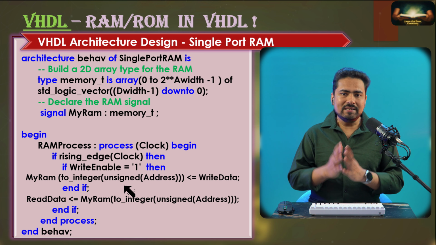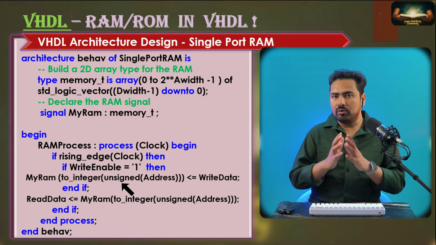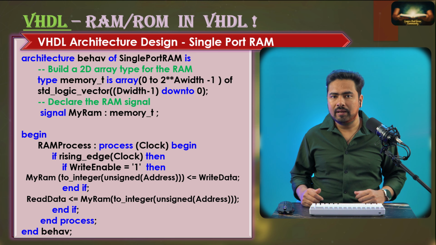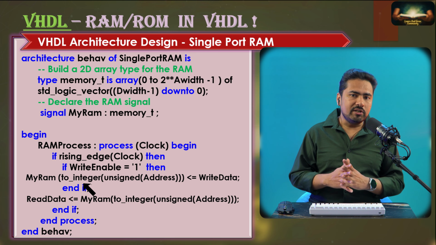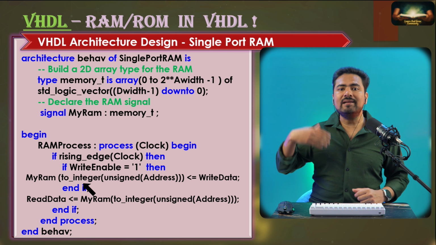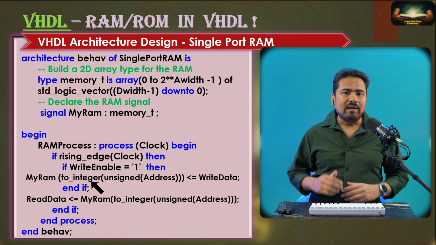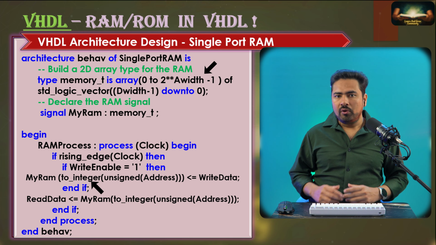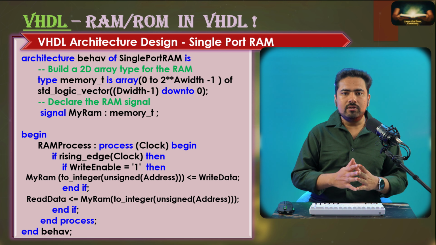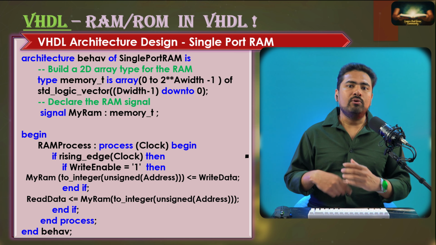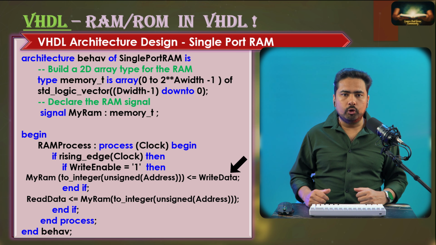First, using the unsigned typecasting operation to convert that std_logic_vector signal to the unsigned type, and then using the to_integer function to convert that unsigned type to integer data. This integer index will be your RAM location, where you will perform your read or write operation. So that's it. This is the write operation of our memory module.